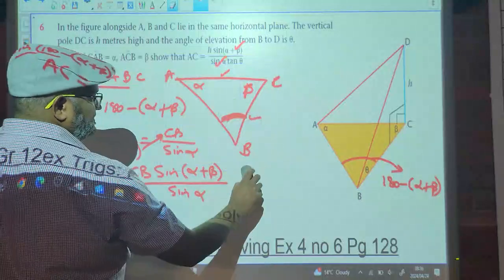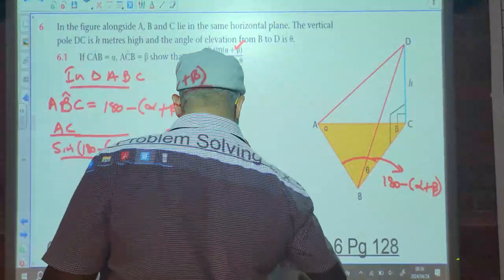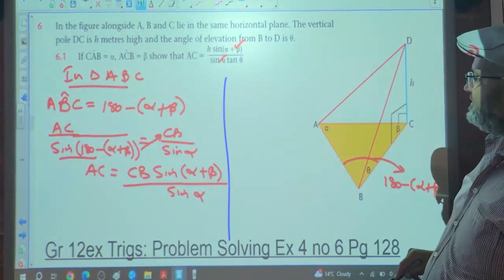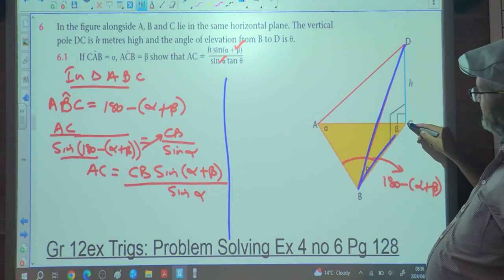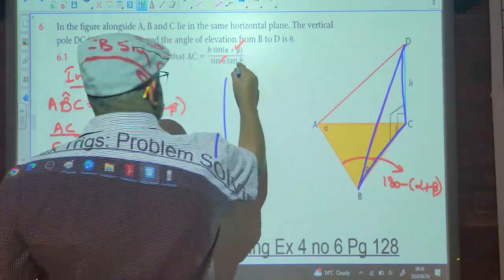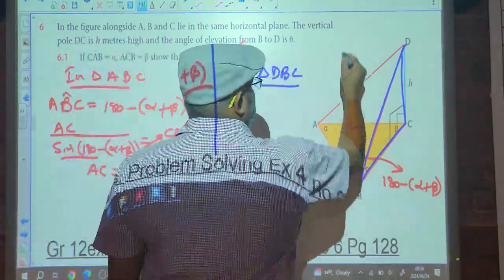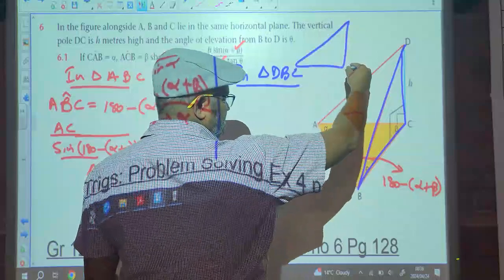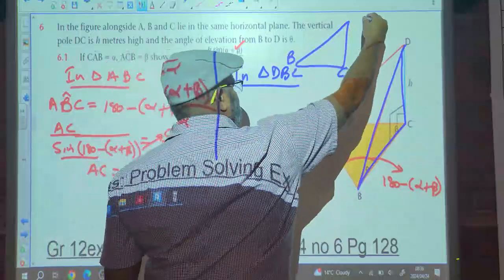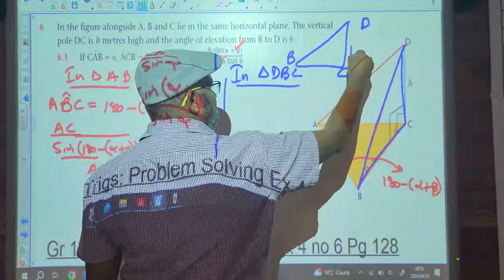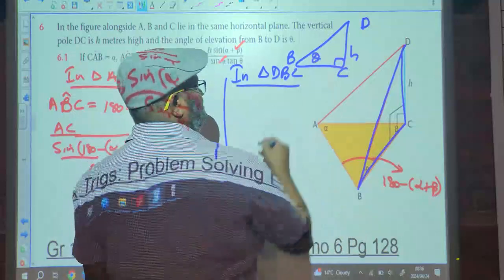So, take this off here. On the other end, we said we're going to work in triangle DBC. So in triangle DBC, what should you see? C here, B, D. What is this? H here, 90 and theta.